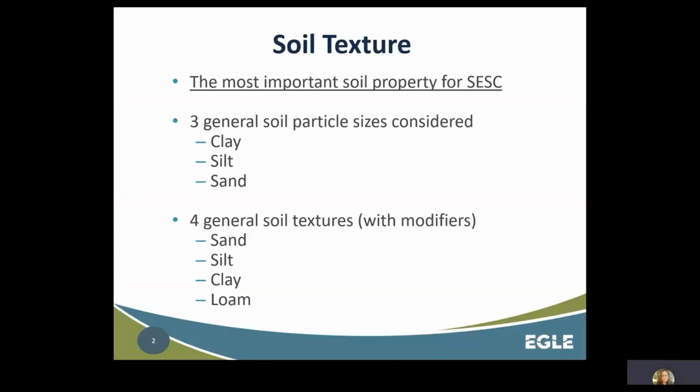Soil texture is one of the major factors in determining erosion, runoff, and sediment control at sites undergoing an earth change. Soil texture refers to the size or combination of sizes of the soil particle and is the most important soil property. Having an understanding of different soil textures is important for the control of soil erosion and sedimentation. The three major size categories of soil, from smallest to largest, are clay, silt, and sand.